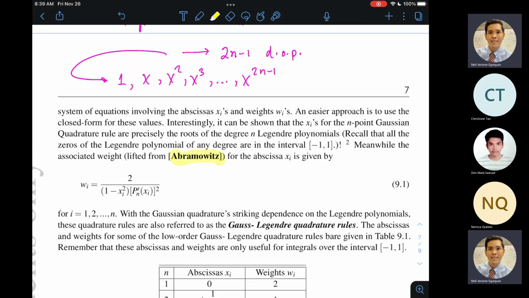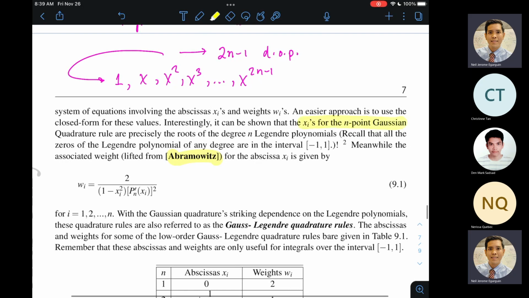Okay? And interestingly, the abscissas for the Gaussian quadrature rule are precisely the roots of the degree n Legendre polynomials.